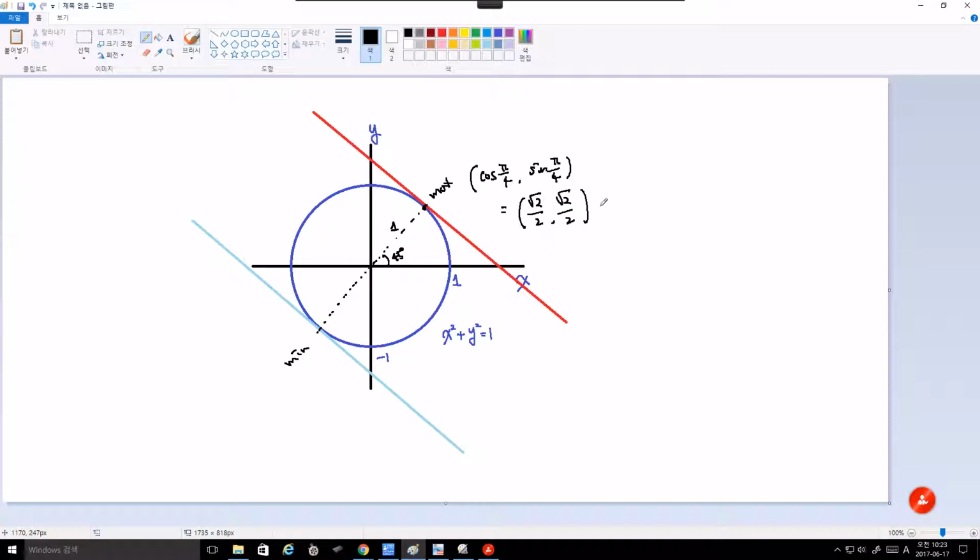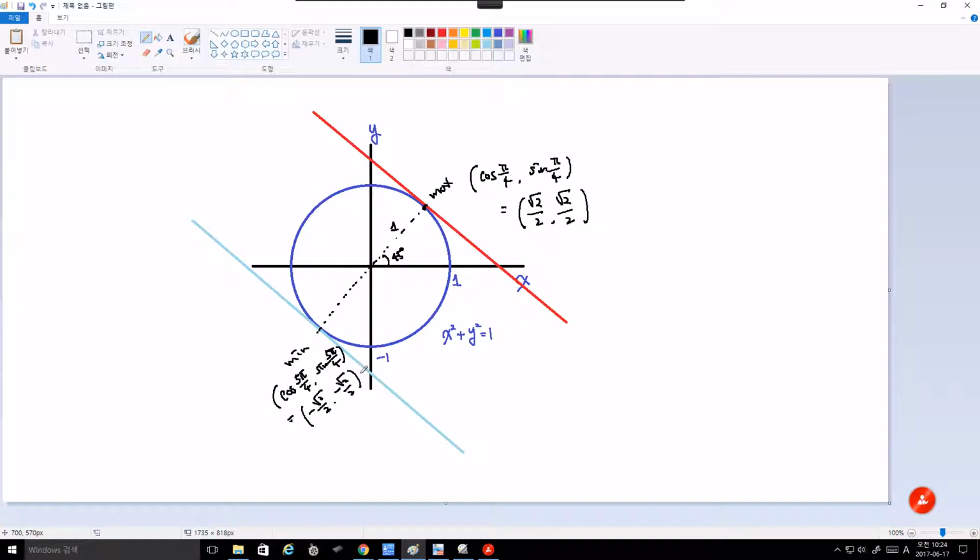And likewise, this minimum point, we know it is on the 45-degree line, so it is pi plus pi over 4, so basically cosine of 5 pi over 4 and sine of 5 pi over 4, and we know this one is minus square root of 2 over 2. This is the minimum and maximum.